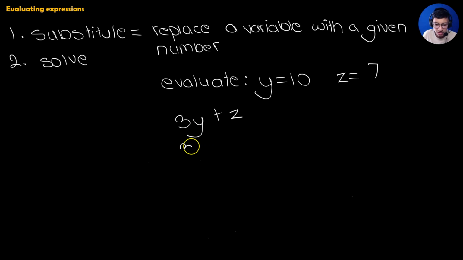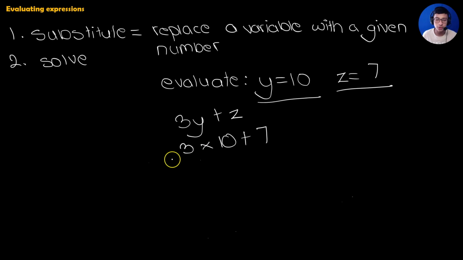So here it literally means 3 times y plus z. Now let's substitute. y equals 10, so we erase y and write 10 in its place, plus z. z equals 7, so we replace z and write 7.